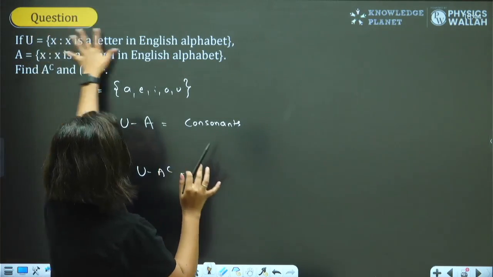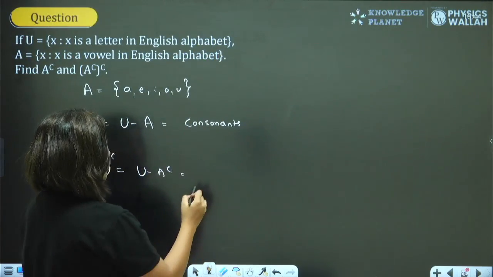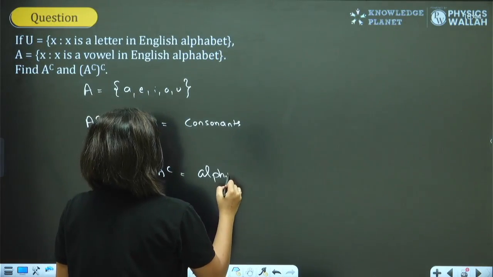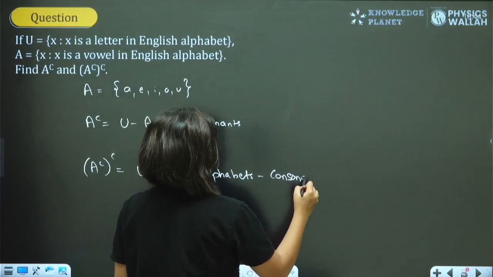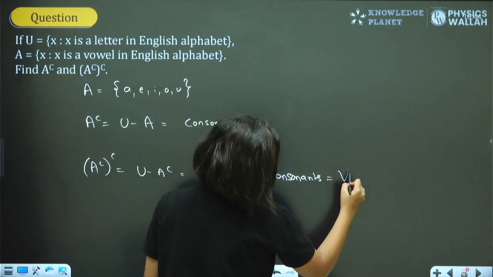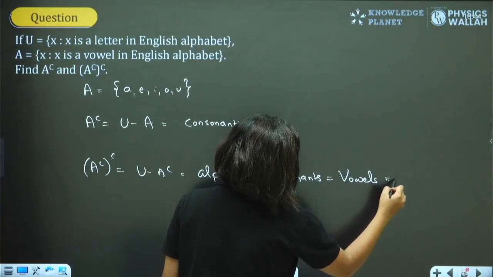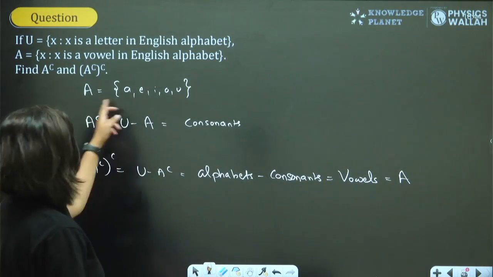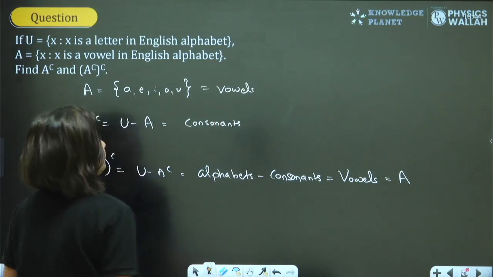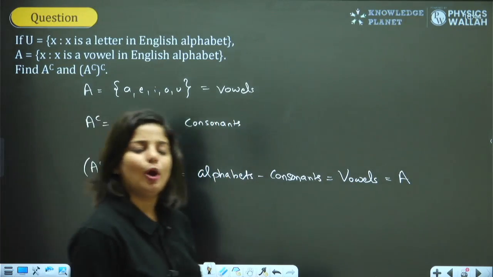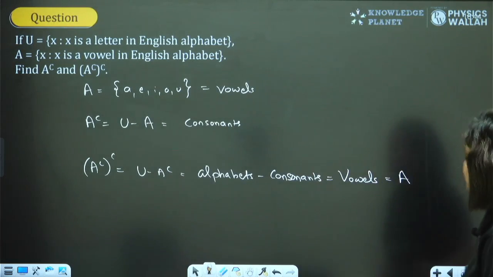That means from all the alphabets, if you remove the consonants, we will get the vowels, that is A, right? A is your vowel.